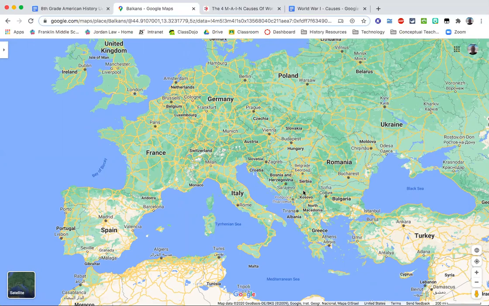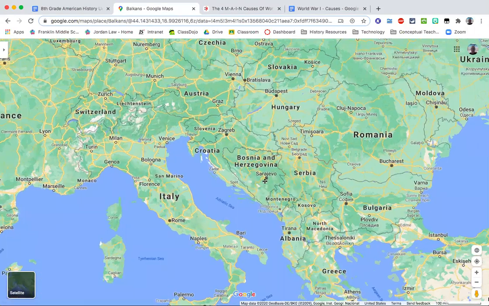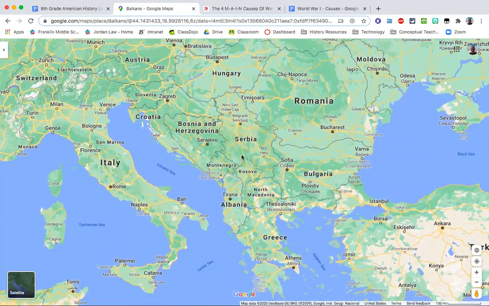This area, at the time of World War One, is a very tense area for a few reasons that we'll get into in a minute. But this becomes known as the Balkan powder keg. And it's called that because it's comparing it to a barrel full of gunpowder.